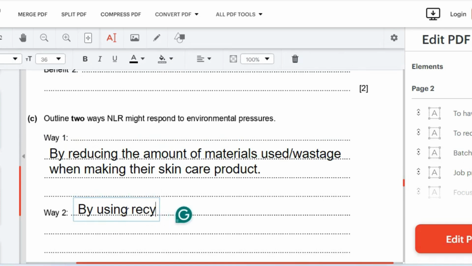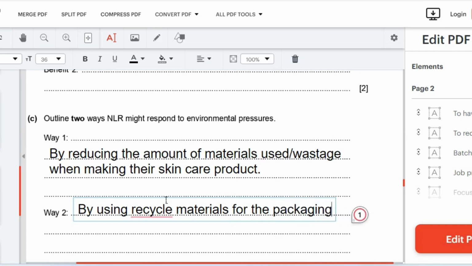By using recycled materials that can be reused. So it can also be another way. Materials for the packaging, recycled material for the packaging.